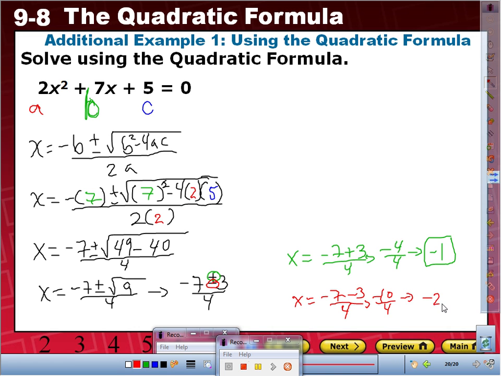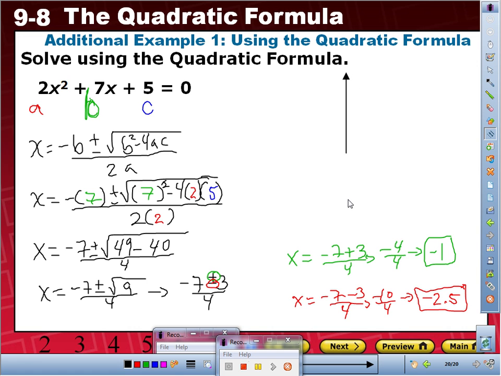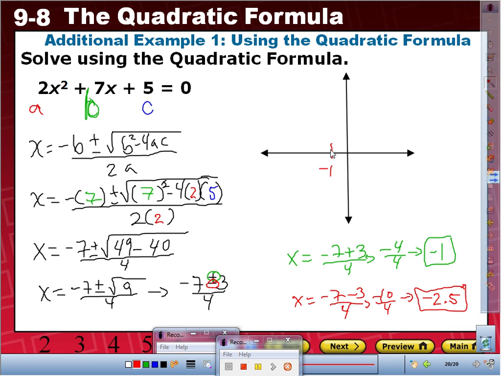Negative 2.5. What is negative 4 divided by 4? Okay, let's graph this. What is my first root? Negative 1, which is right here.